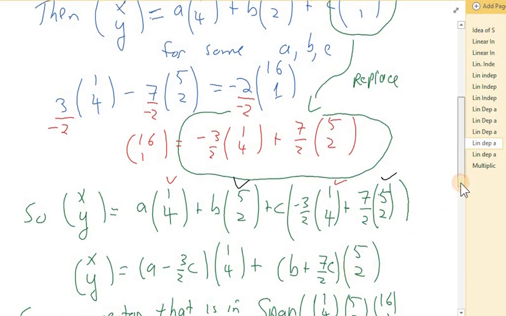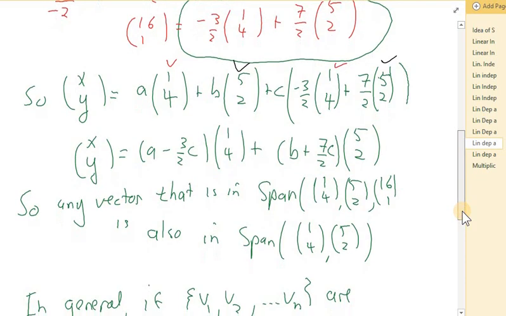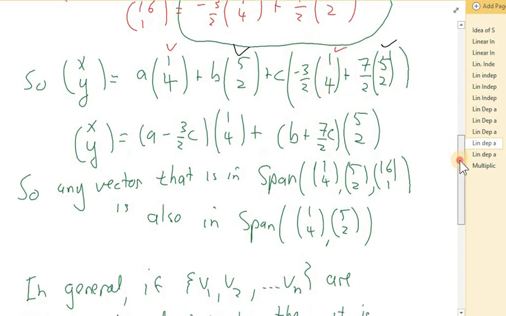So that means that any vector that's in the span of these 3 vectors, (1, 4), (5, 2), and (16, 1), is also in the span of these 2 vectors. And you can see you could do this in general. If you've got linearly dependent vectors, you can always express one in terms of the other ones. And then in any linear combination expression, I can replace that vector with its linear combination expression.